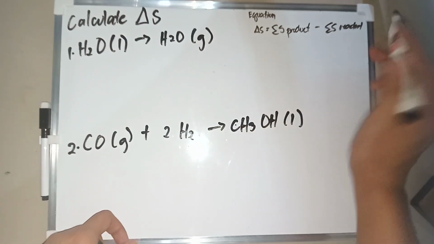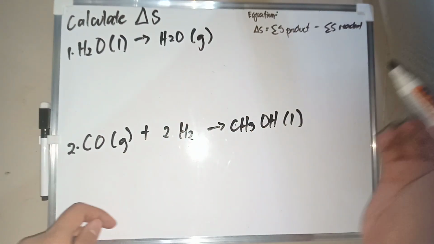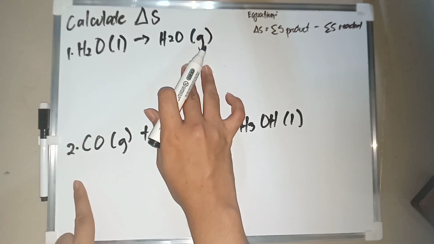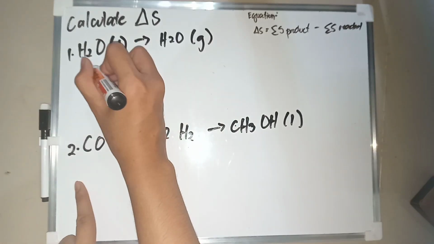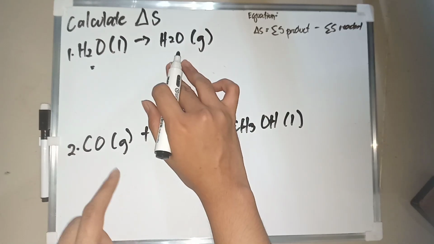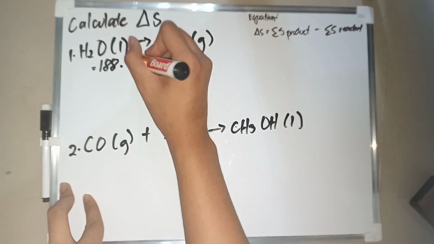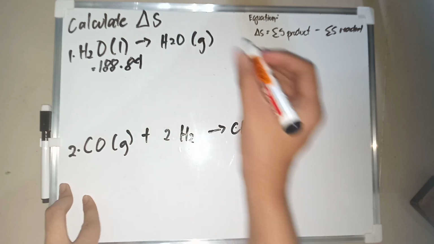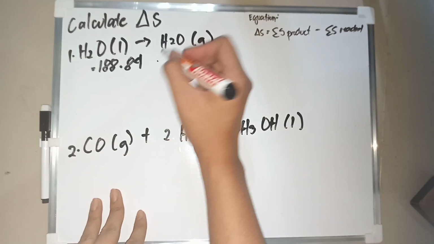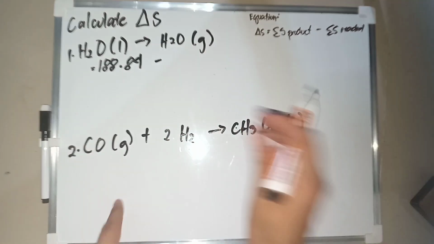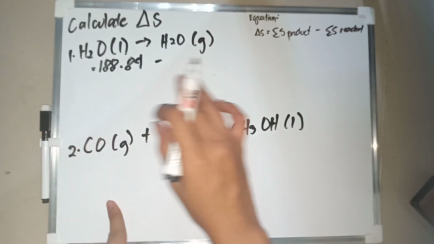So basing on this equation, we're gonna have to start with our H2O gas. The value of our H2O gas is 188.84 minus the value of our H2O liquid.